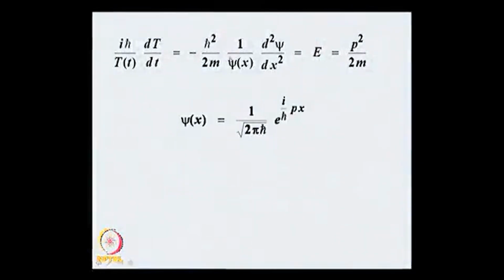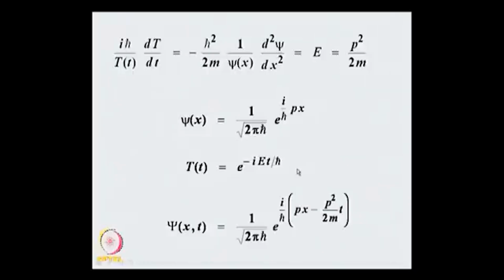So, for the solution of the space dependent part, the 2 m cancels out, and this becomes plus p square by h cross square. So, the space dependent part is psi of x equal to so much, and the time dependent part is e to the power of minus i E t by h cross, but E is equal to p square by 2 m.